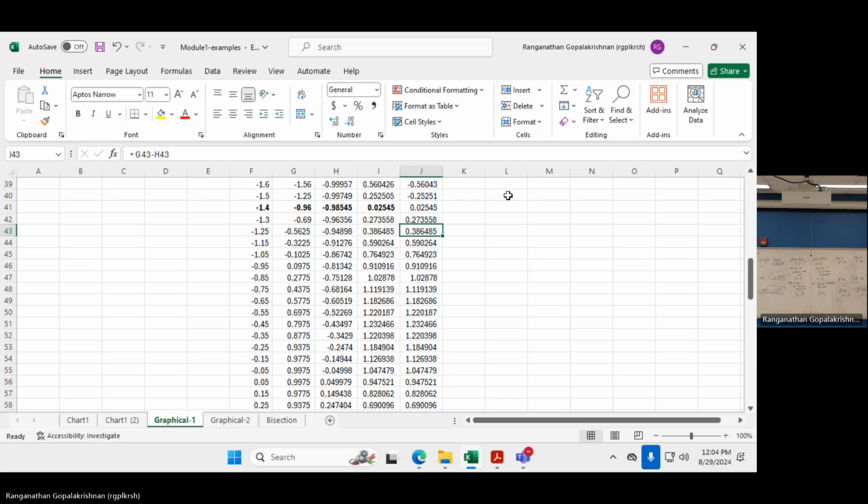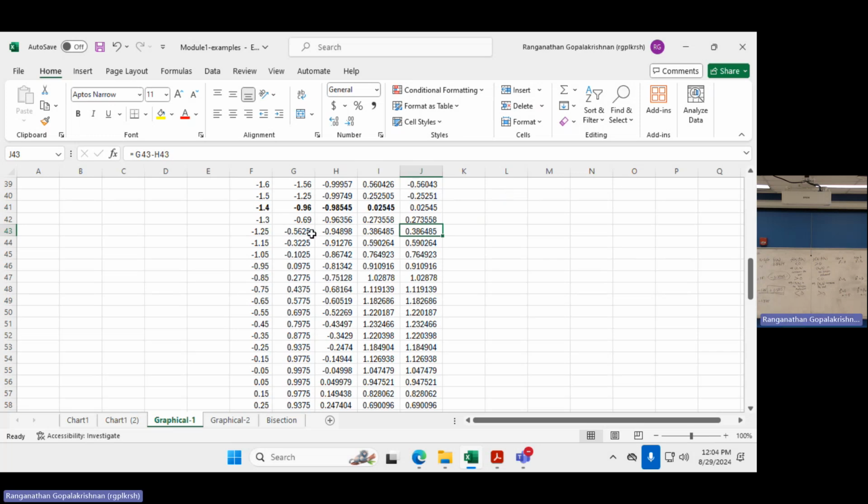All right. Midpoint of 1.5 and 1.25 is what? 25 and 50. What's the midpoint? 37.5, right? That's the midpoint of 25 and 50. So minus 1.375. That's the next value of x naught.